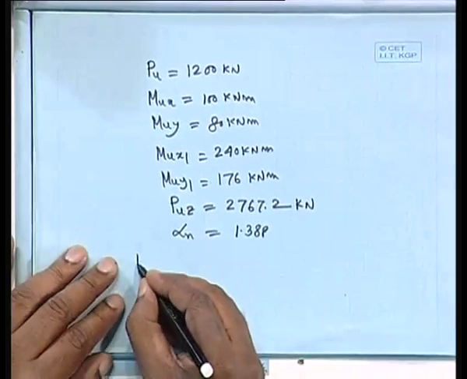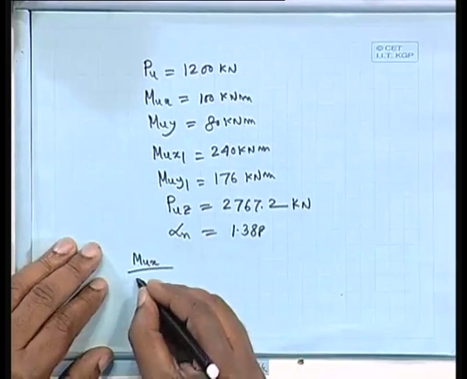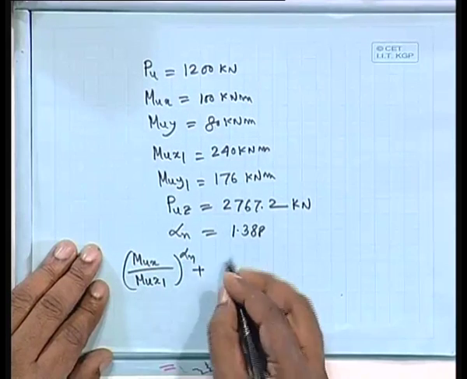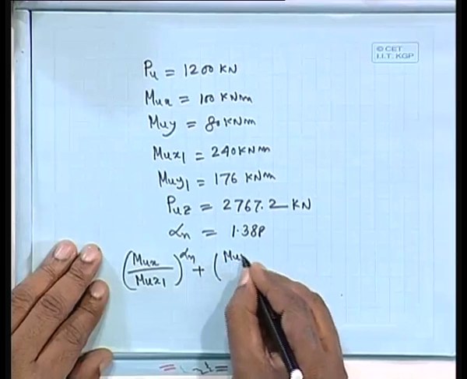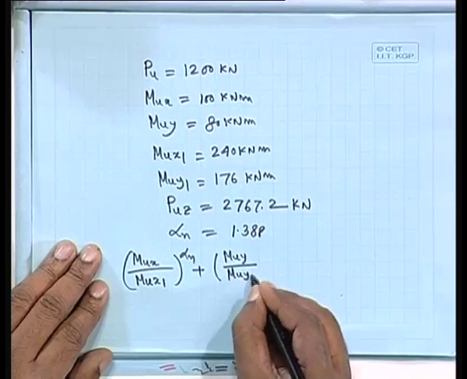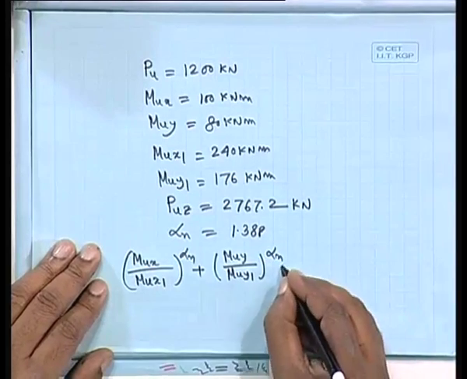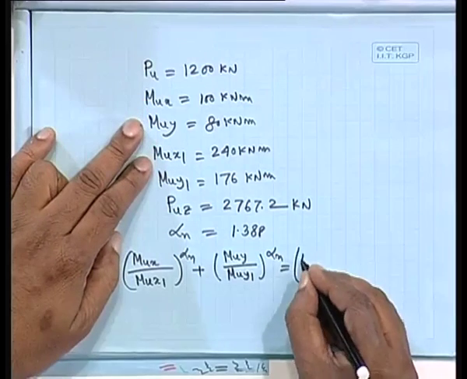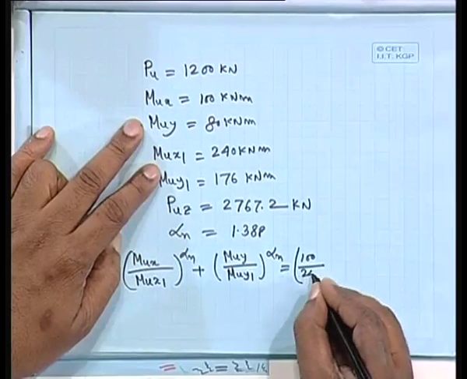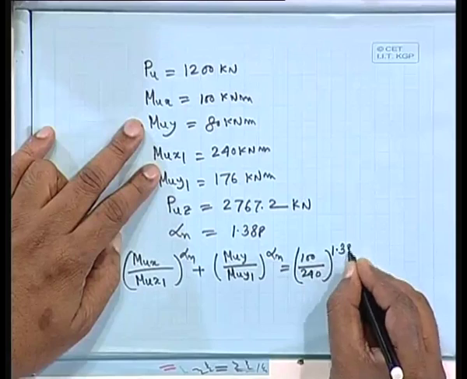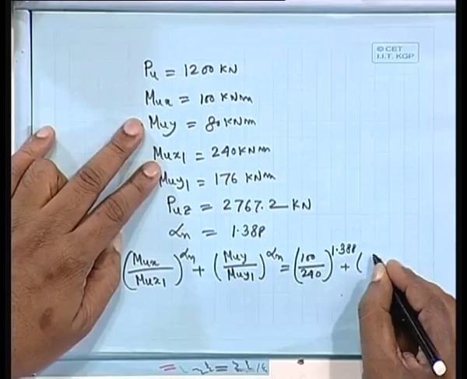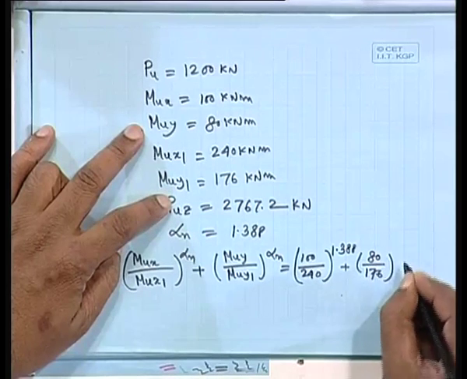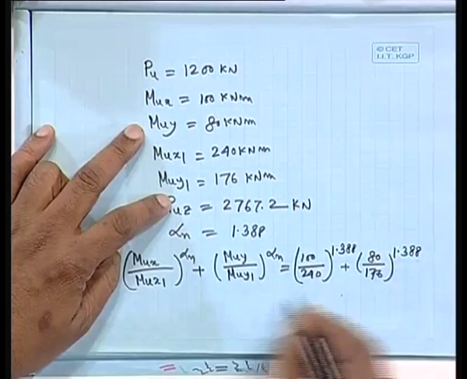So MUX by MUX1 to the power alpha n plus MUY by MUY1 to the power alpha n equals 100 divided by 240 to the power 1.388 plus 80 by 176 to the power 1.388.